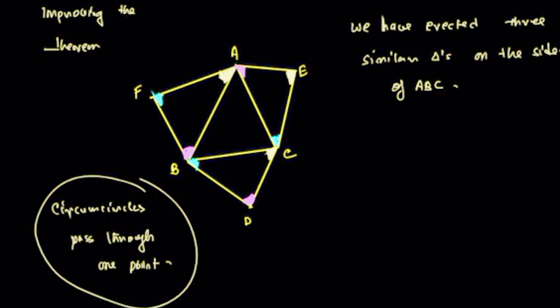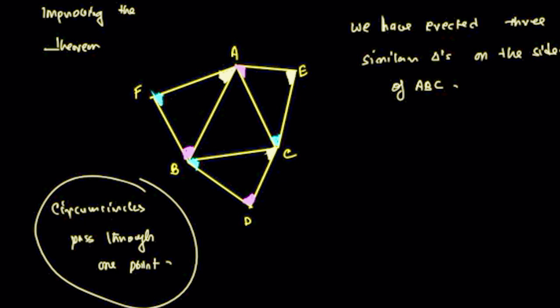The greens are equal, the reds are equal, and the purples are equal. That's given data. We can use what we have done already in the first theorem and prove this one. This is really a one-line proof, given the fact that we already know the first theorem.